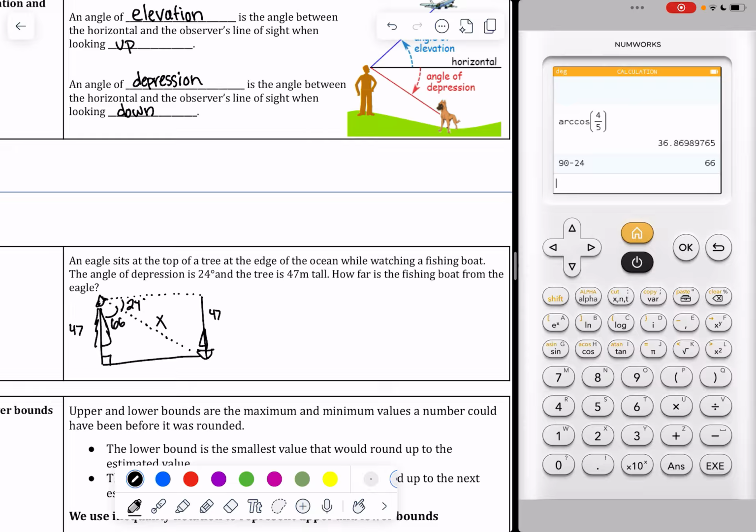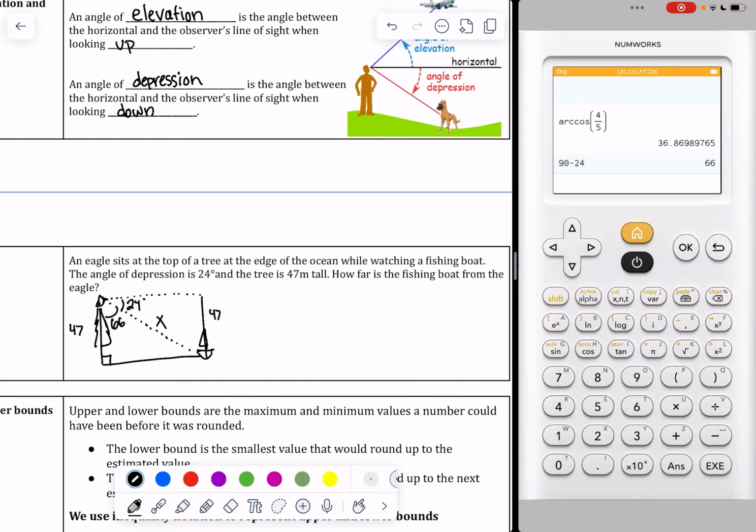So we could use this bottom triangle where we're given the adjacent and the hypotenuse using 66 as our angle. So adjacent and hypotenuse would be cosine. Or if we're using 24 degrees, we are given the opposite side and we're trying to find the hypotenuse. Both will give us the same answer.